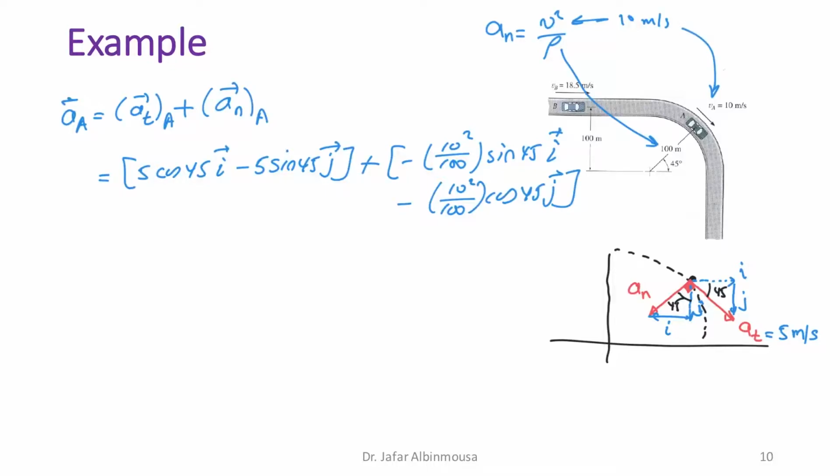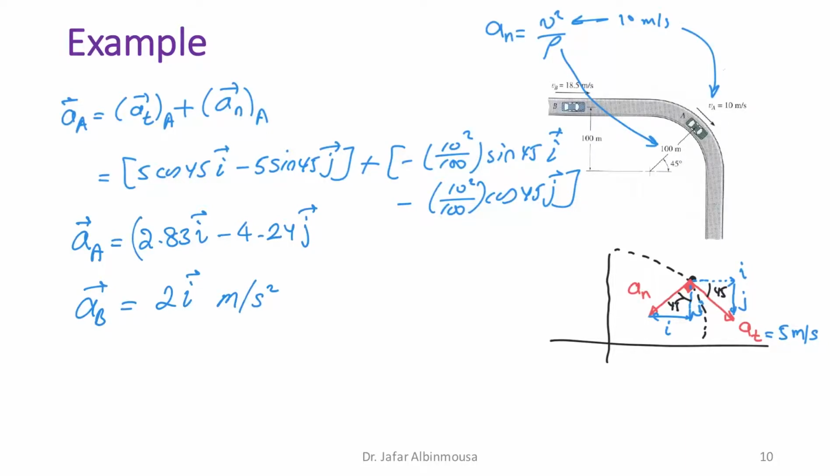So what are we going to get? We're going to get A equal to 2.83 i minus 4.24 j. The acceleration of B is very simple. It was given to us, which is 2i meter per second square. And of course, here I forgot, this is meter per second square.